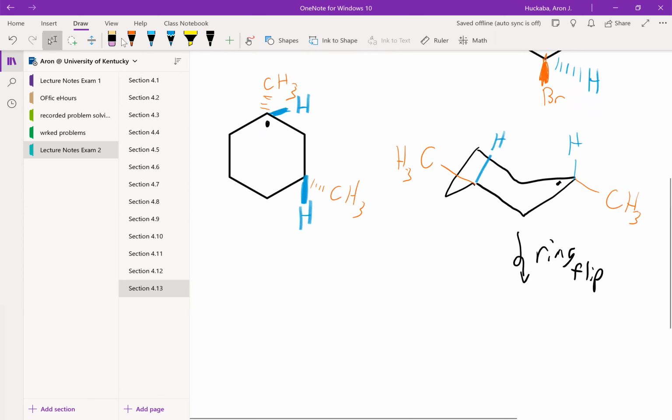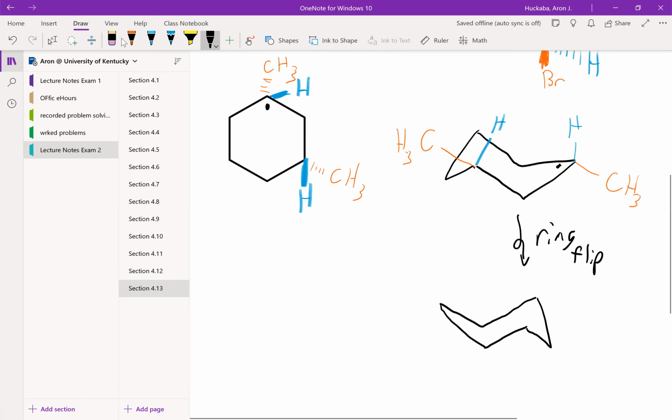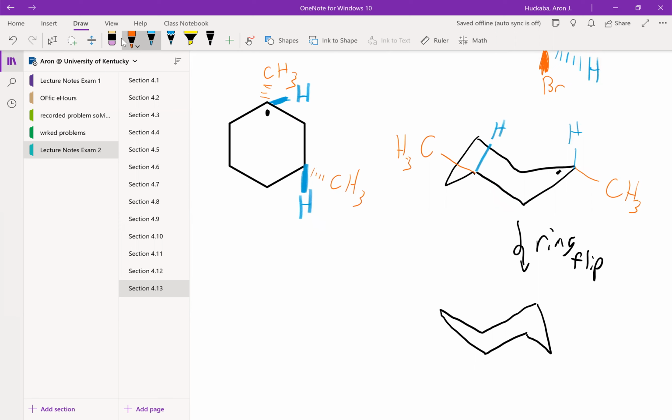So doing that, we make the opposite ring, right? And so now what was once down is up. Or sorry, what was up remains up, but what was once axial is now equatorial.